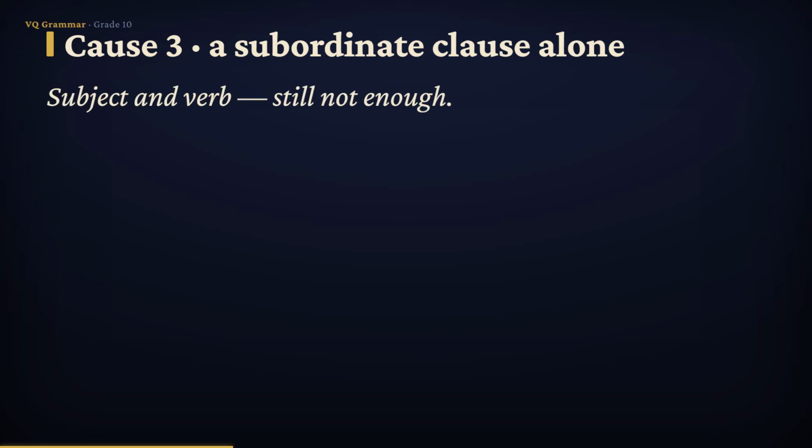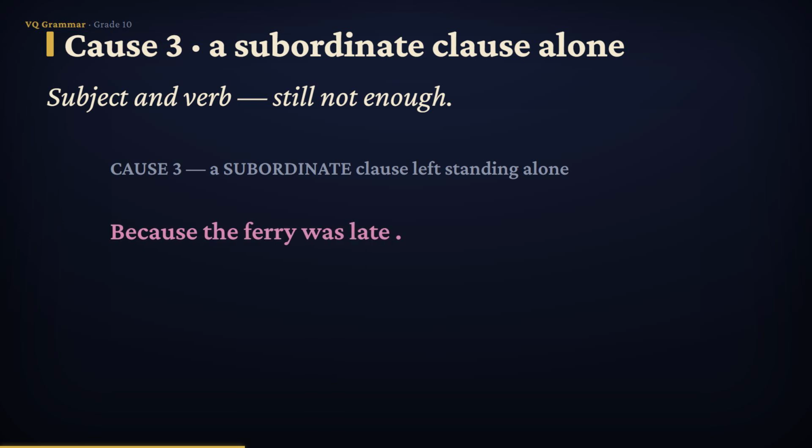Now the sneakiest cause of all, the third one, a subordinate clause standing on its own. Look at this. Because the ferry was late. Count what's in there. Subject, yes, ferry. Verb, yes, was. It has both parts, and yet it is still a fragment.